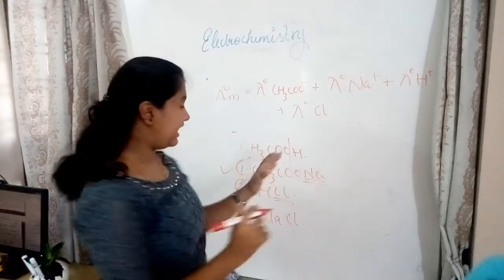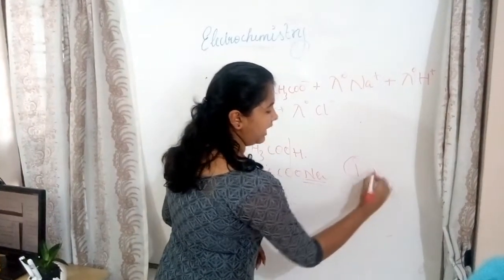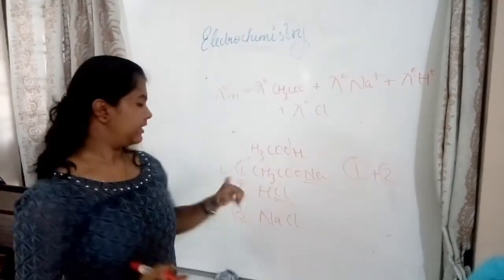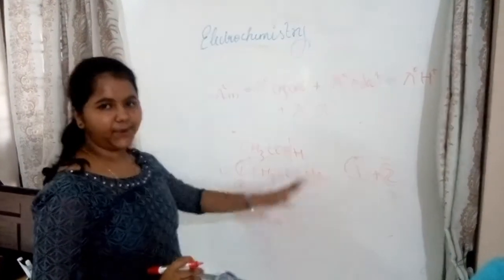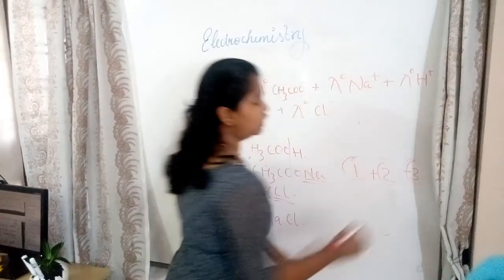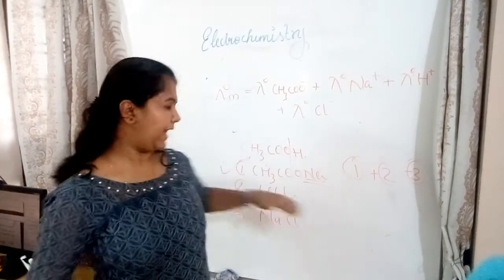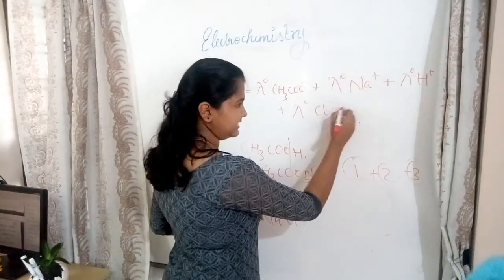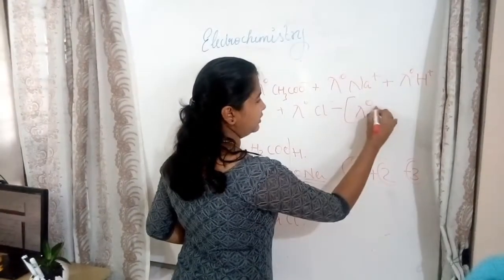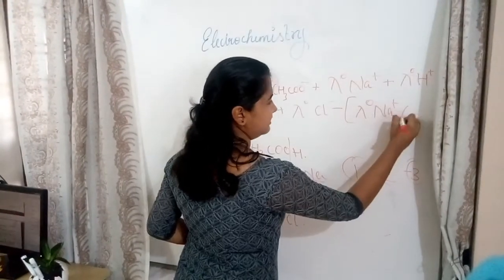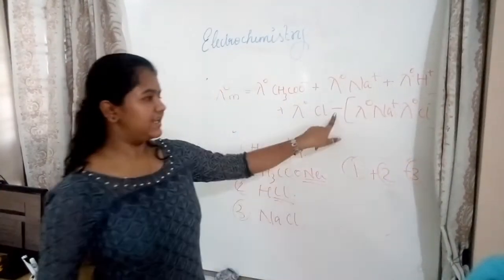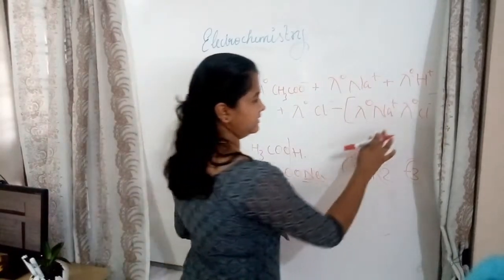Now what did we do? We added 1 and 2. If you take it in this order, the cation first, then the anion, and then the combination, you can add 1 and 2. 1 plus 2 minus 3 is the equation. So we did 1 plus 2, and now we have to do minus 3. So it is minus lambda 0 Na plus lambda 0 Cl minus.